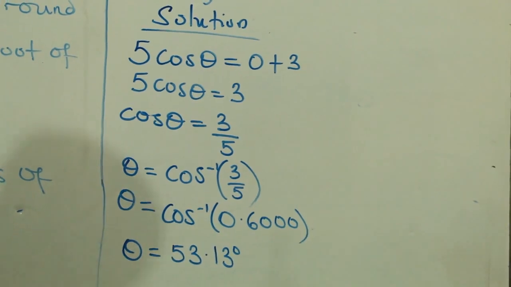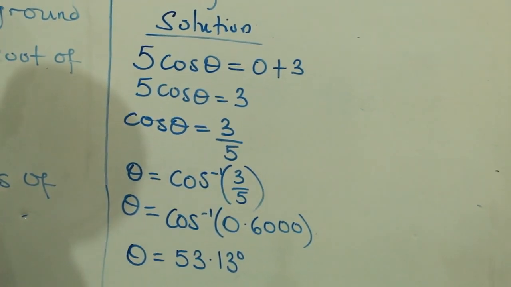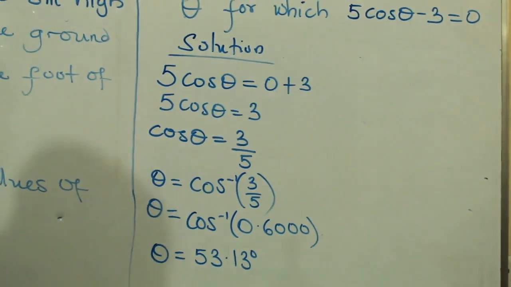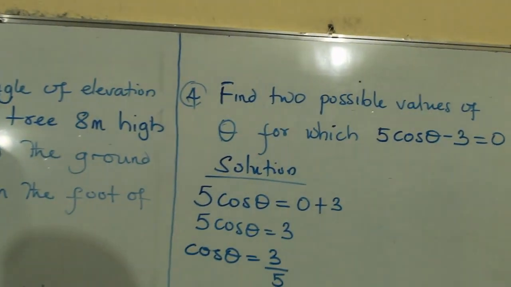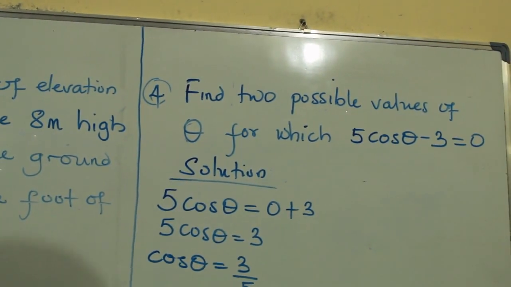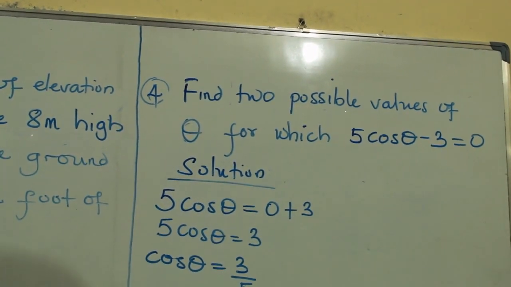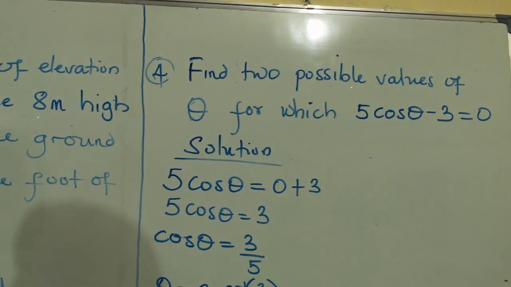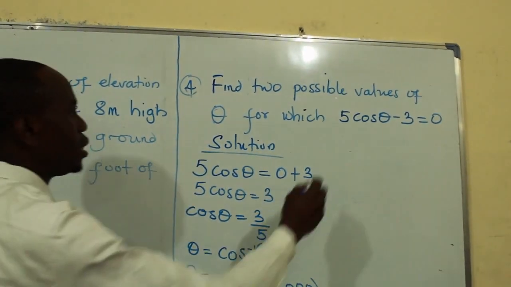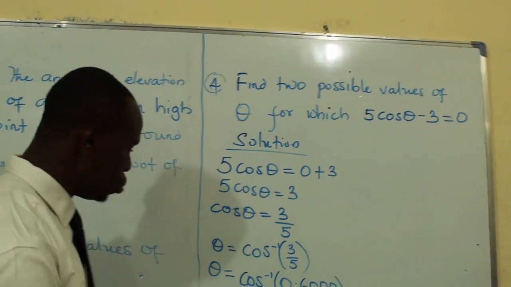So the first value of theta is 53.13. But the question says we should find two possible values of theta, meaning that there is another value of theta lying between 0 and 360 that makes this expression true.